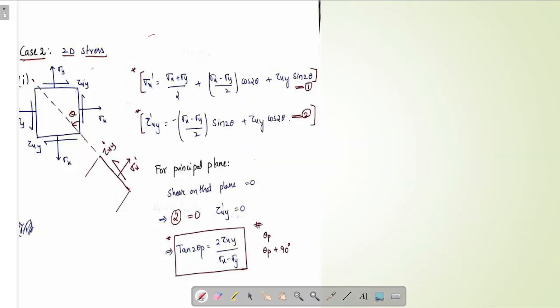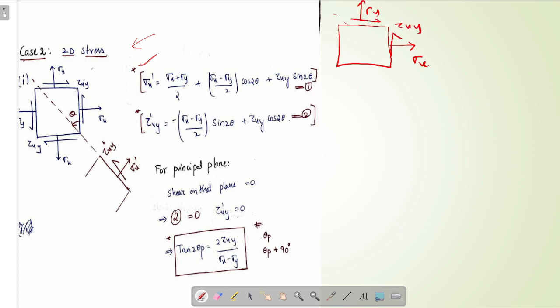Now let's see 2D stress case and how to use this formula. See, we have derived this formula by assuming a certain sign convention. So, in order to find the correct answer, we should follow this sign convention. We derive the formula by using sigma x and sigma y as tensile forces and tau xy in this direction.